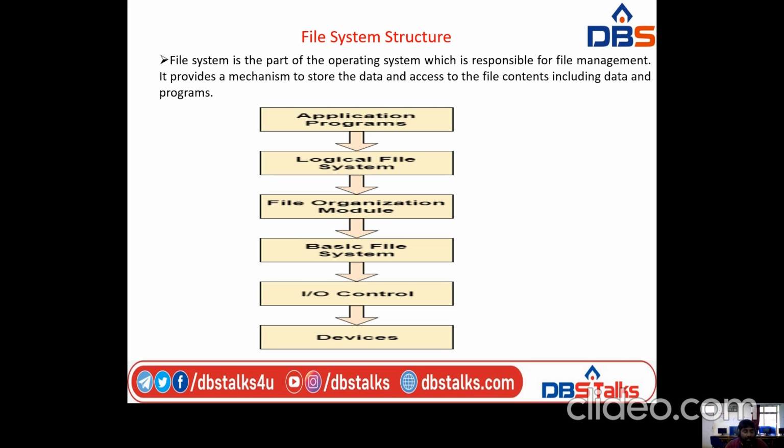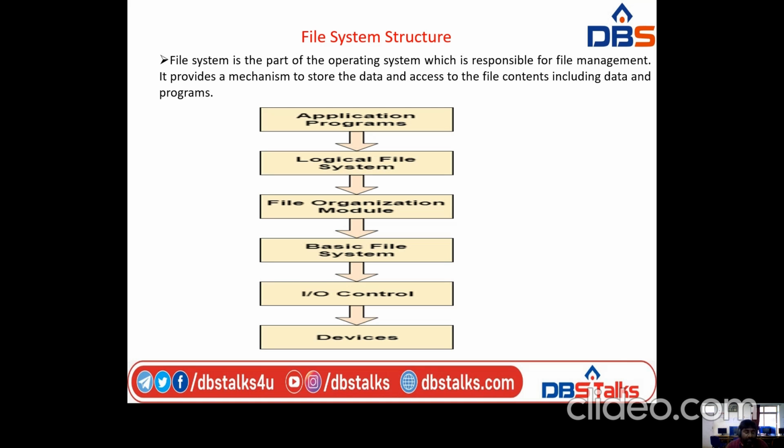See here, when an application program asks for a file, the first request is directed to the logical file system. The logical file system contains the metadata of the file and the directory structure. If the application program does not have the required permission for the file, then this layer will throw an error. The logical file system also verifies the path to the files.